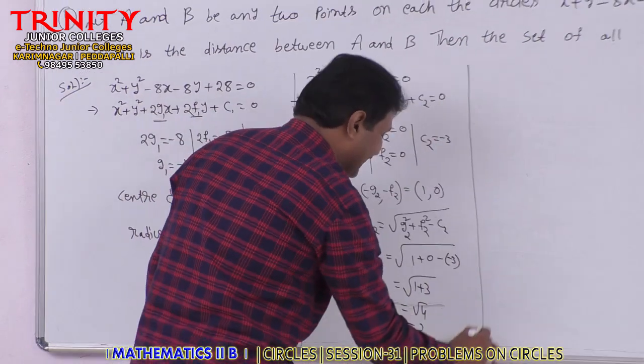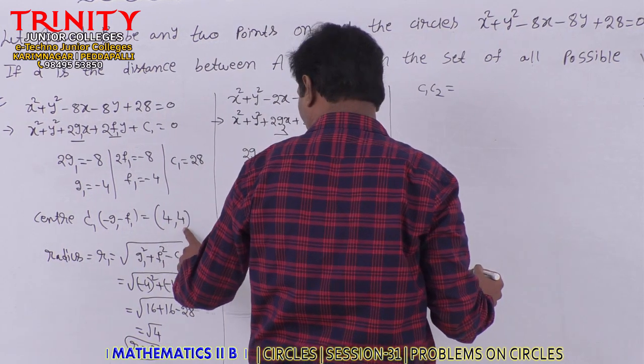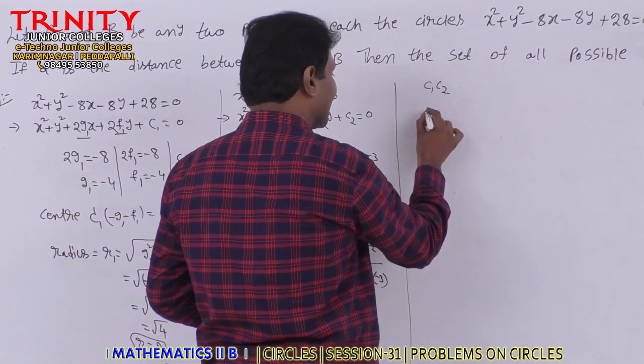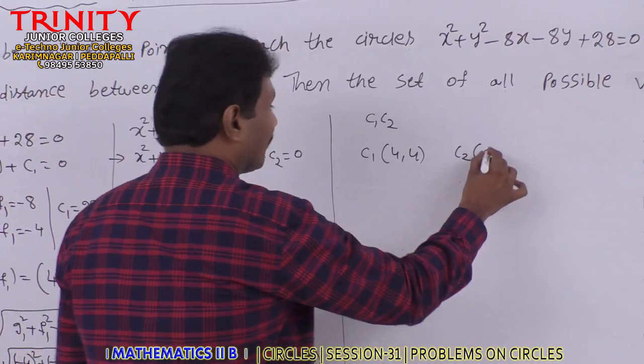The distance between the two centers is C1C2. The center of the first circle is (4, 4) and the center of the second circle is (1, 0). C1C2 = square root of (4 - 1)² + (4 - 0)² = square root of 3² + 4² = square root of 9 + 16 = root 25 = 5.